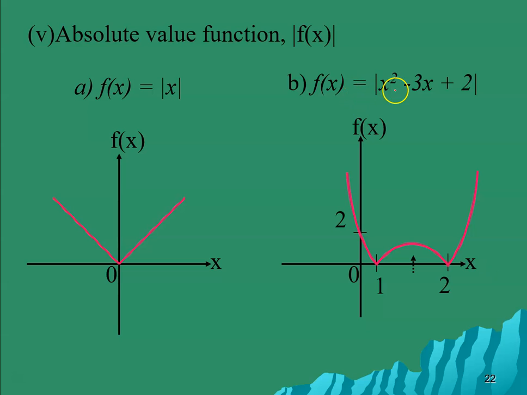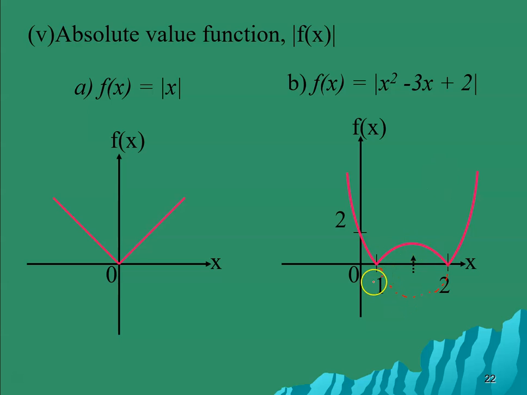you will have absolute value of x squared minus 3x plus 2. The graph should look like this, right? Asalnya dia sepatutnya nampak macam ni sebab quadratic. But since this is absolute value, semua yang dekat bawah, all the graph that are on the negative side, di bawah paksi x, dia akan pantulkan naik ke atas.